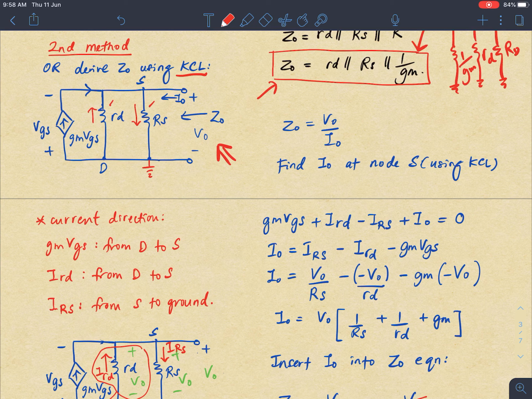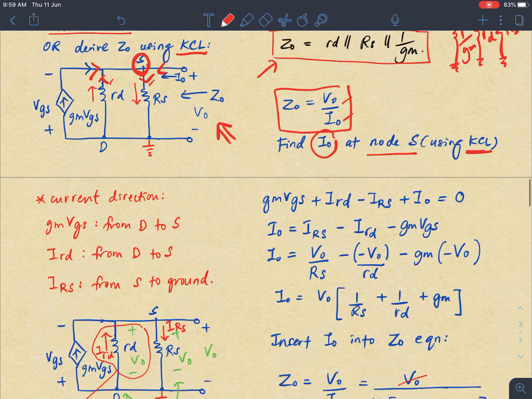We know that Z out equals V out divided by I out, so we find I out at node S using KCL. Node S is here. You have current flowing from here, here and here.